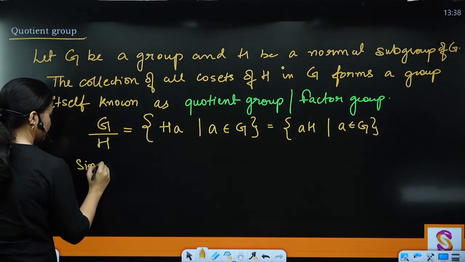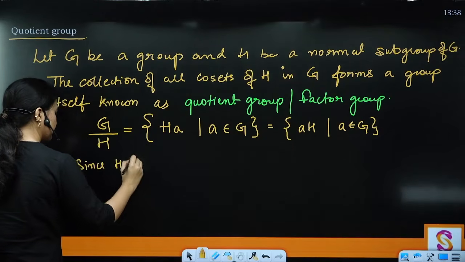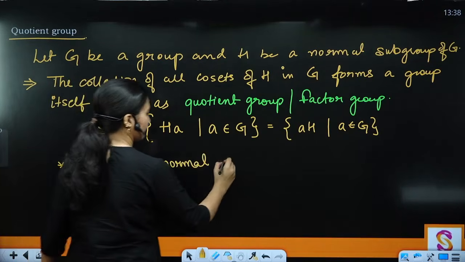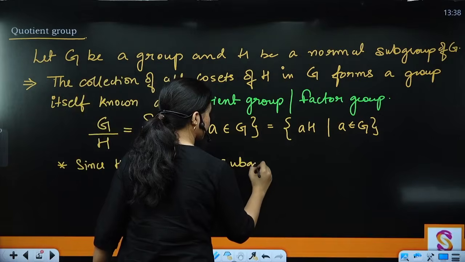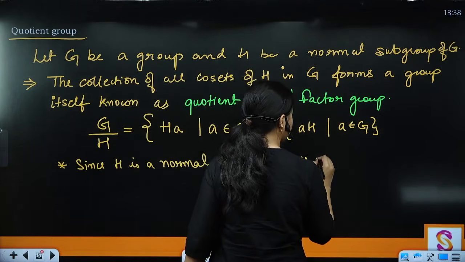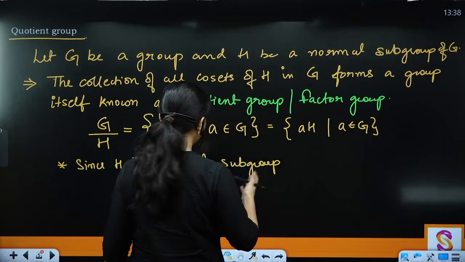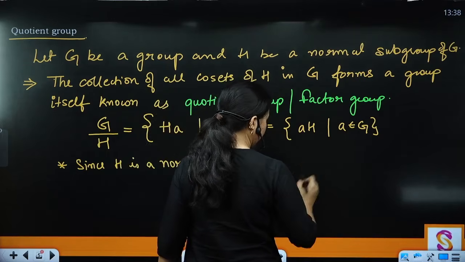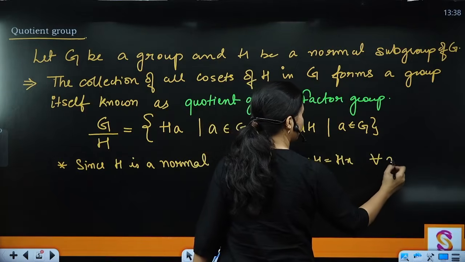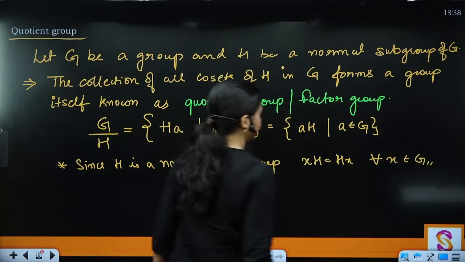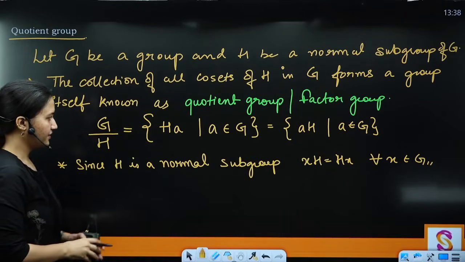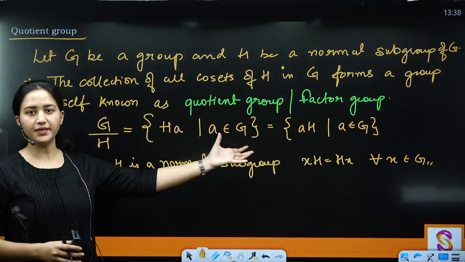Since H is a normal subgroup. Or you can just write it in the form of: note that XH equals HX for all X belongs to G, right?